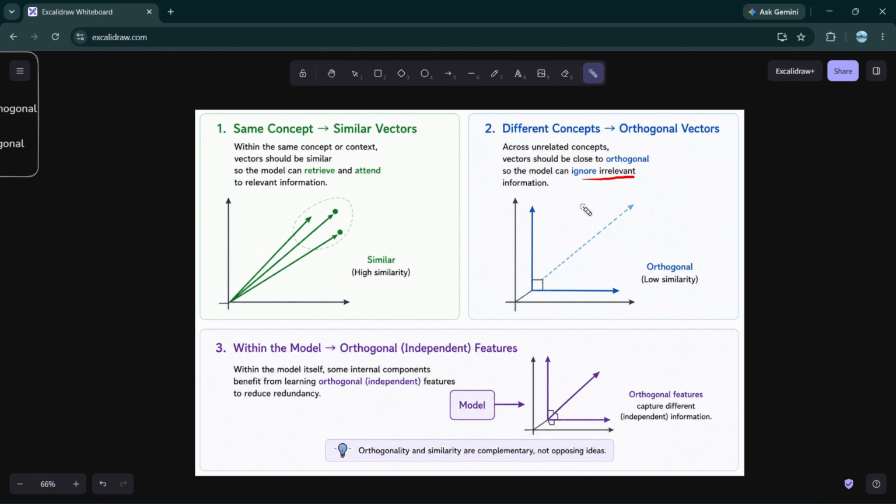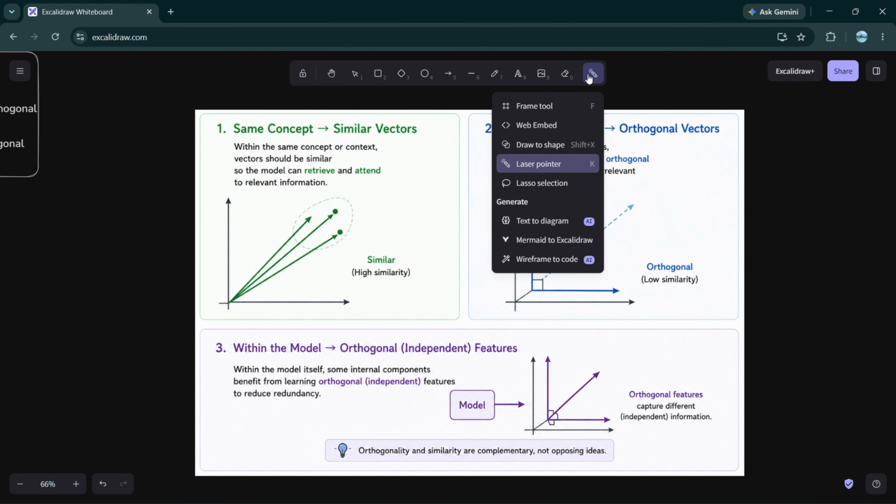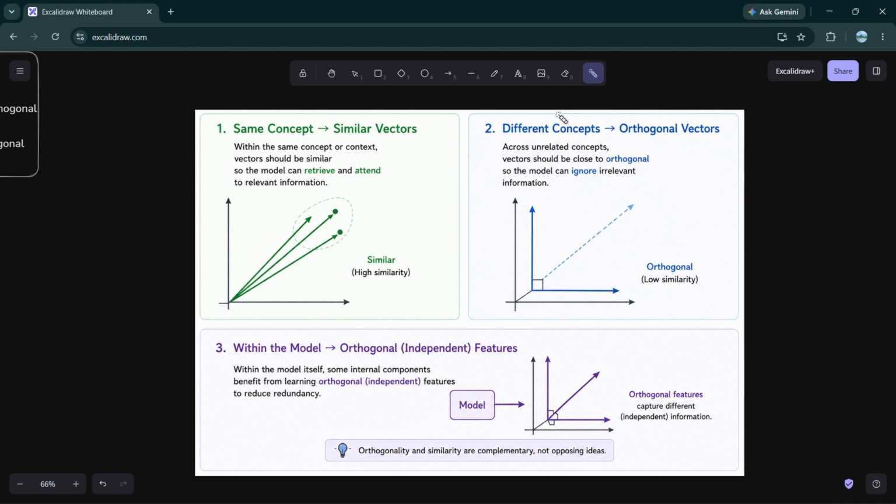Within the model itself, some internal components benefit from learning orthogonal, independent features to reduce redundancy. So in LLMs and RAG, similarity finds what belongs together while orthogonality prevents unrelated information from being confused with it. Both are essential for good retrieval and effective attention.